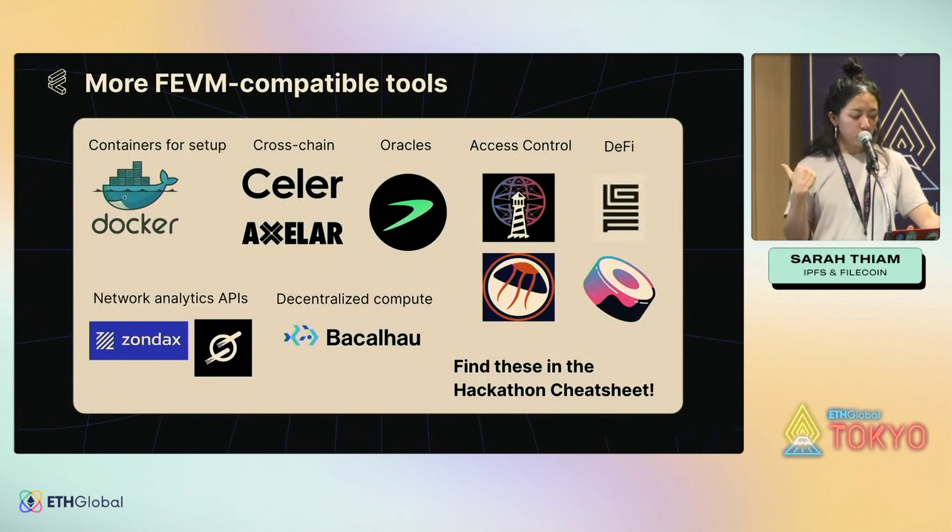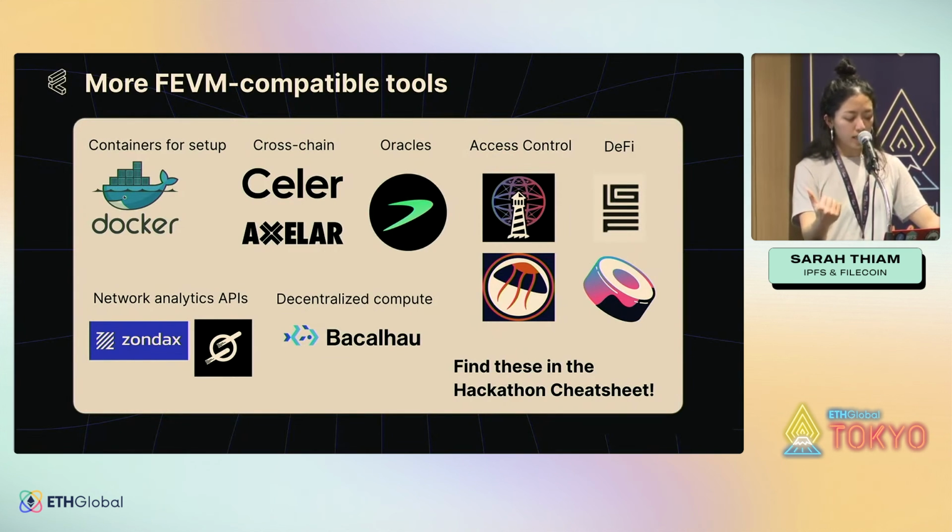Lastly, I do want to touch on that if you're building beyond the hackathon and you want to keep building, we have all these integrations that were launched in the past month that are compatible with FVM. We have containers for setup, cross-chain messaging and cross-chain token bridging, oracles with Tellor, access control I just mentioned with Lighthouse and Medusa as well. We have some DeFi solutions on liquid staking, and SushiSwap is coming in really soon as a DEX.